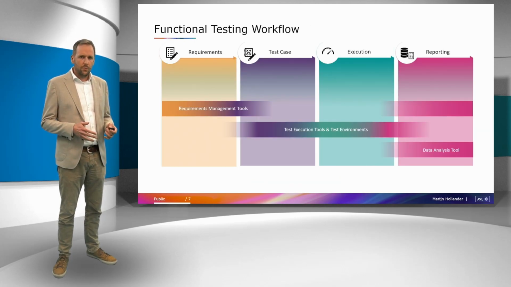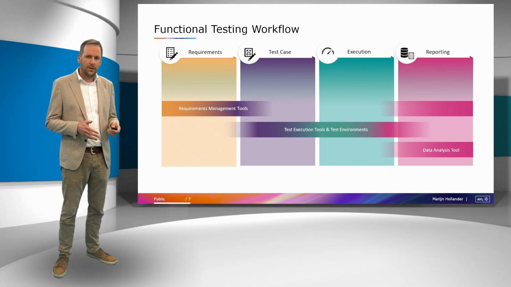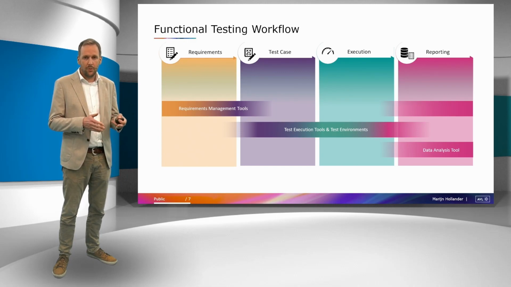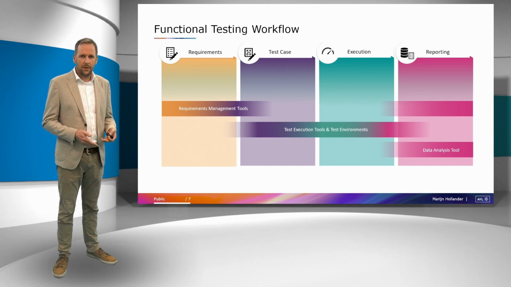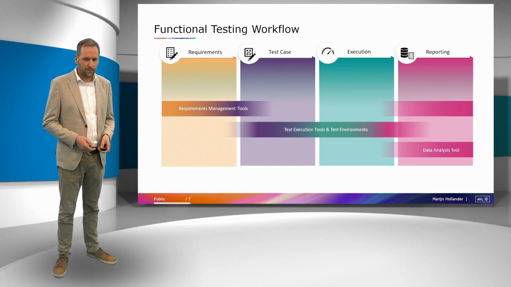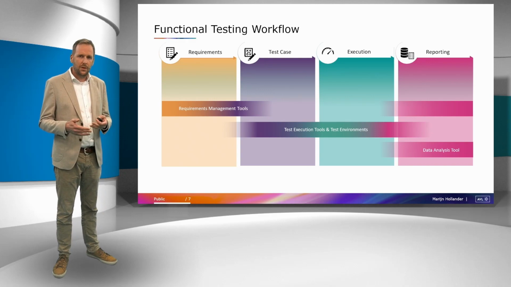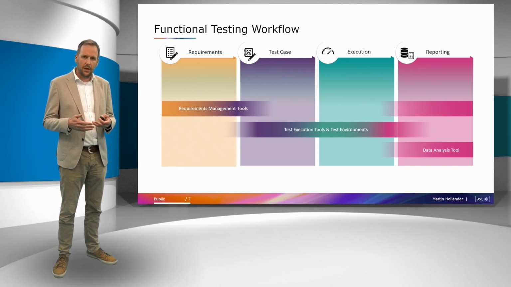And how does such a workflow look like? As mentioned, all these tests and system requirements are defined in the system requirement phase of the project. And these are documented in lifecycle management systems, for example. Out of these written specifications, you have to make the transition into a test case, to a test executable.